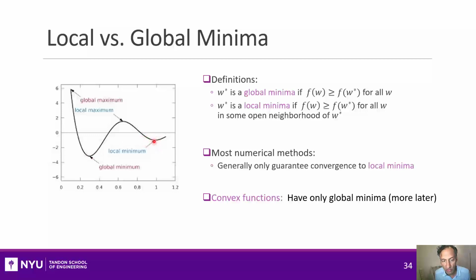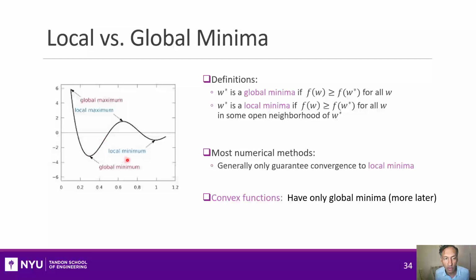So if you were here and you only saw the local points around it, the points that are close by, this would be the lowest among those points. But there is another local point way over here. This point, though, is actually called the global minima because it is the lowest value amongst all points.